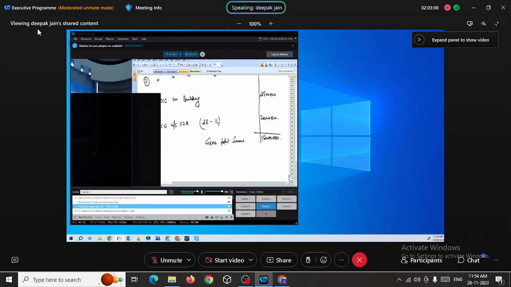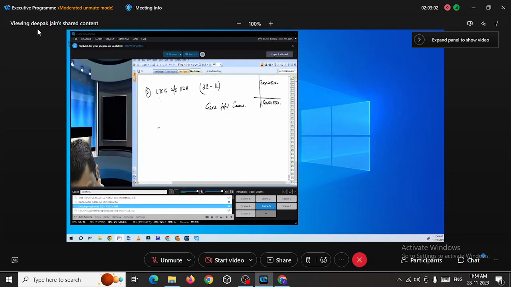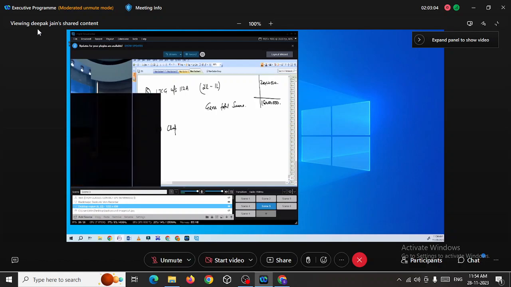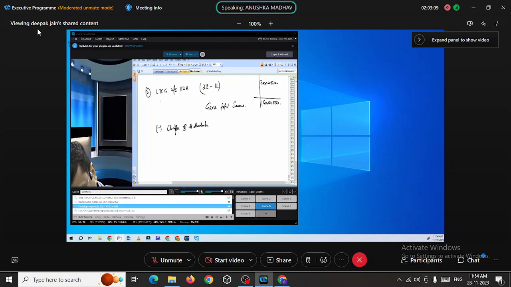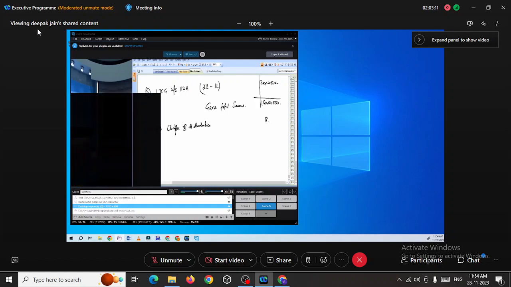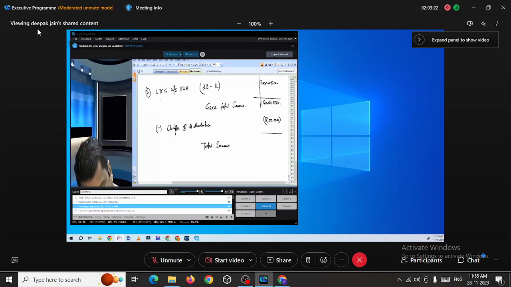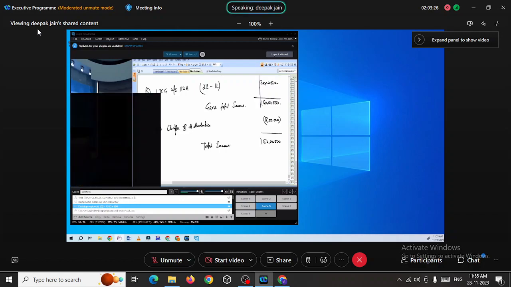How much is the Chapter 6 deduction? Eight lakh. This is known as total income. 152. Just write it down, go slowly.